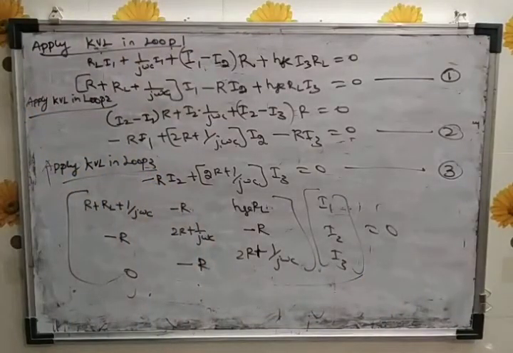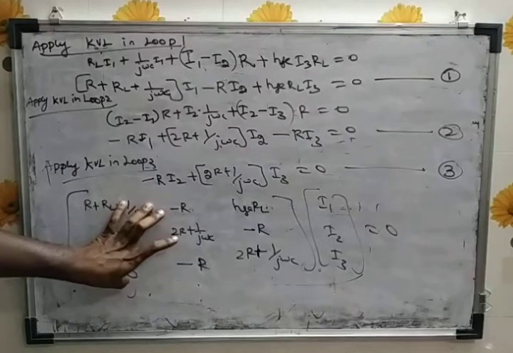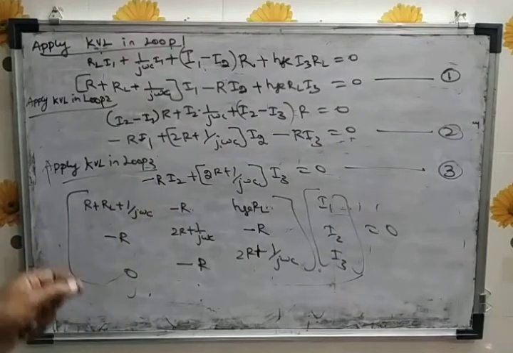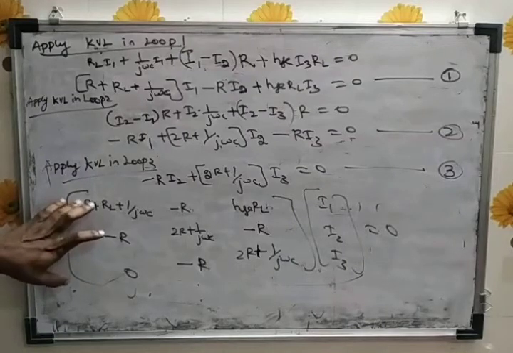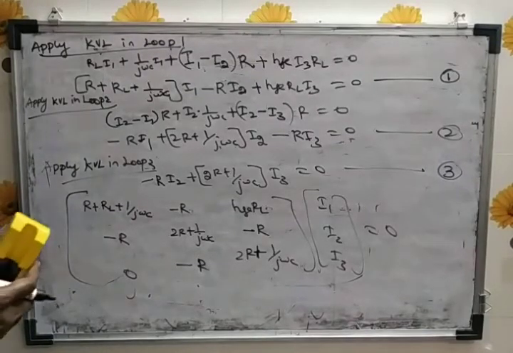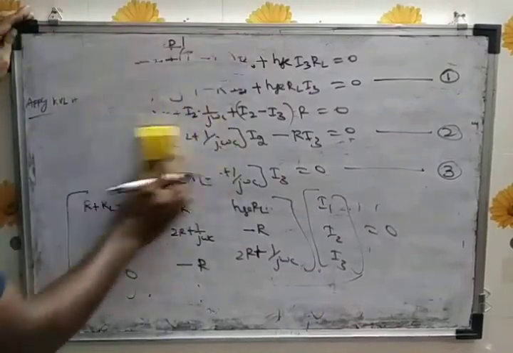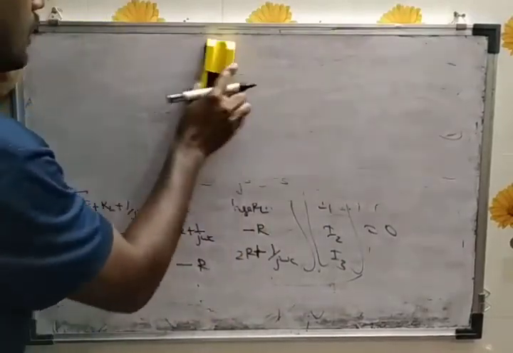So our aim is to calculate frequency of oscillation and minimum value of HFE. For that we have to equate the determinant of this matrix to 0.